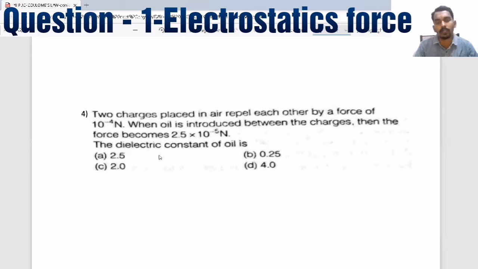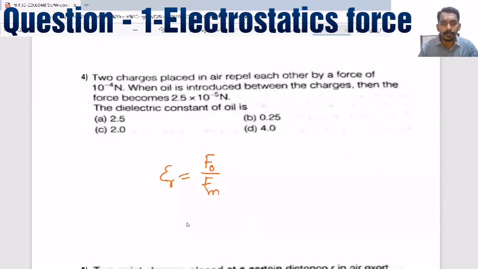The dielectric constant of oil is? See, as we have taken, epsilon R is force in vacuum by force in medium. That is what they are asking, a direct question. So here force in medium is 2.5 into 10 power minus 5 by force in medium. Sorry.